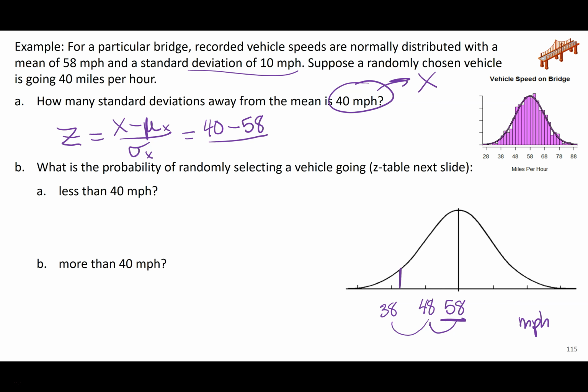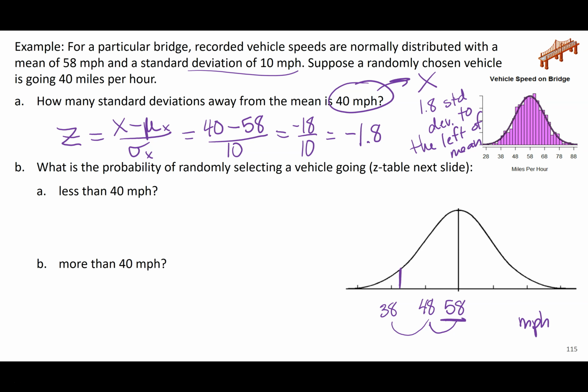If the value is less than the mean, you're going to have a negative z-score. So divided by 10. So negative 18 divided by 10 is negative 1.8. That's what it comes out to. So that means that I'm 1.8 standard deviations to the left of the mean, or less than the mean.